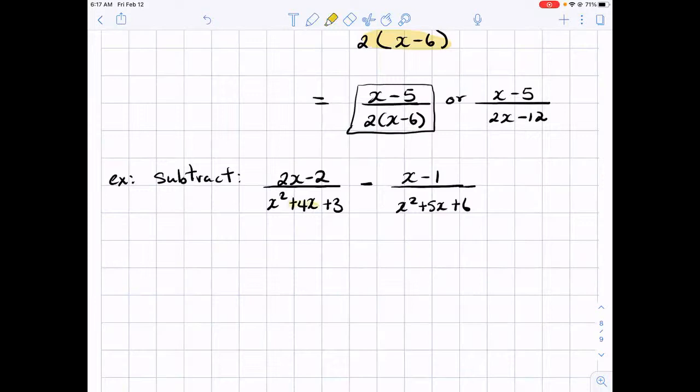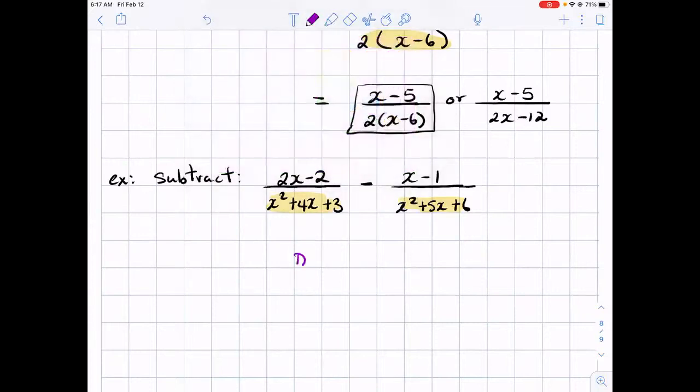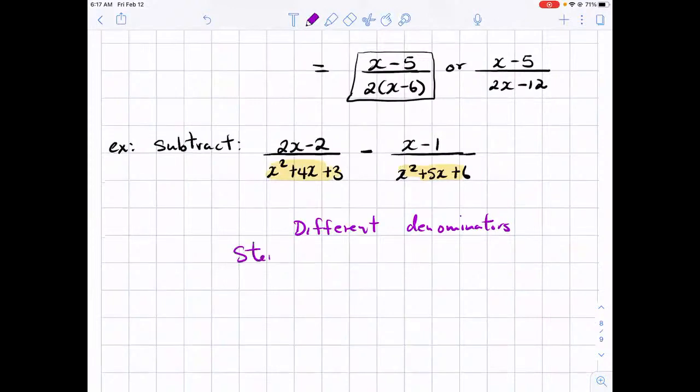So observe that the denominators are different, right? We have different denominators. We'll start with step 1, factor each denominator.